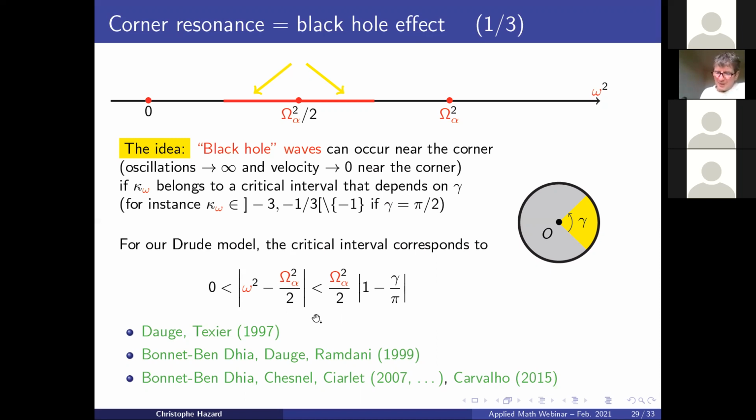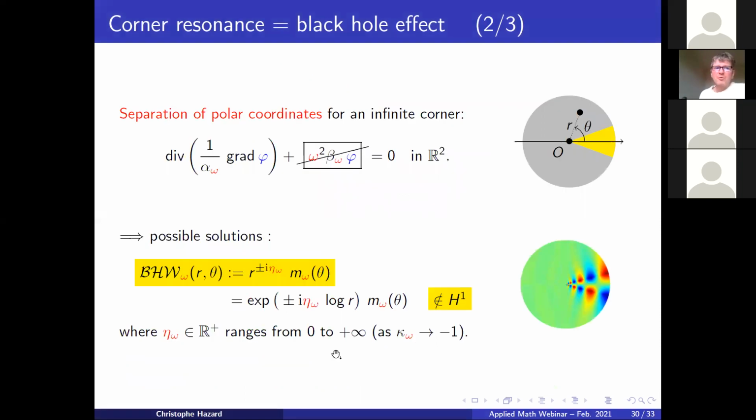So how can we construct Veil sequences in that case? For that, we have to use a very similar technique for finding these black hole waves. We are going to use now separation of polar coordinates by considering now an infinite portion of negative material here, and I still consider my simplified equation by removing the second term here.